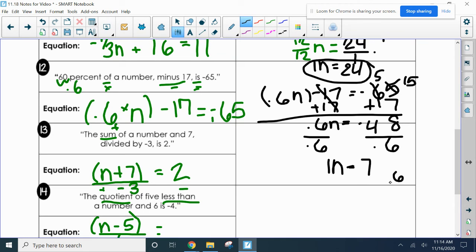You could work it out and say, move your decimal 1 to the right, 1 to the right. But we know we have an extra 0. Or you could have done that here without actually writing it out. We move it 1 to the right, so you move it 1 to the right here. So 6 goes into 48 8 times, plus your 0. 1n is equal to 80.